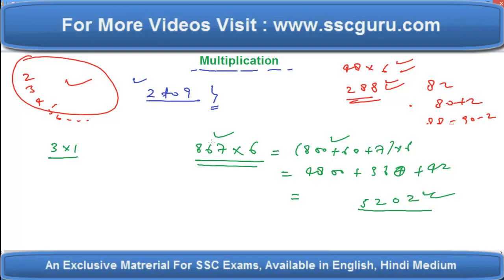Just take 4800, 360 and 42 and get the sum of those numbers, and you will get this answer. After some practice and with good concentration, you can do it mentally without writing those steps.